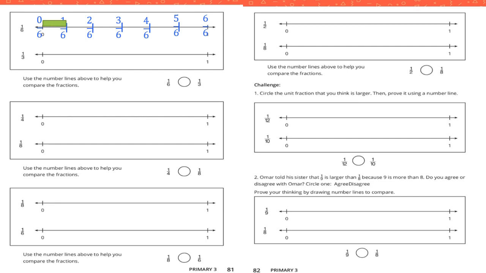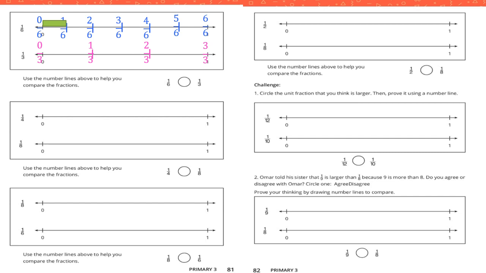Okay, let's represent also 1 over 3. We said it in the previous paper. Okay, also 2 dashes to make 3 equal parts and label each dash 0 over 3, 1 over 3, 2 over 3 till 3 over 3.